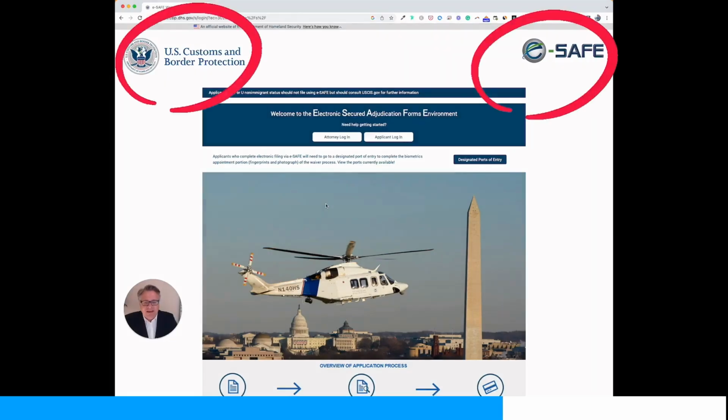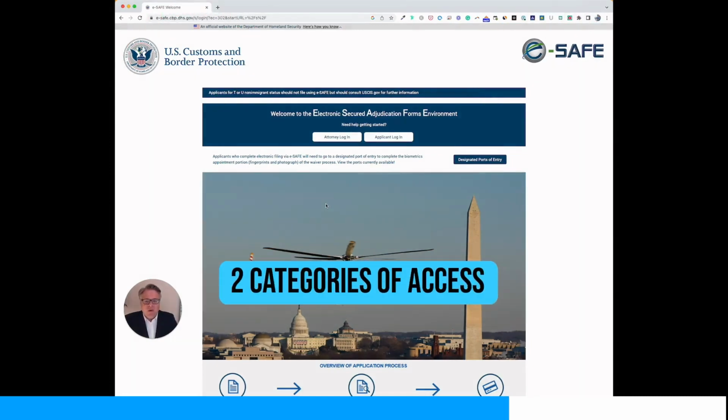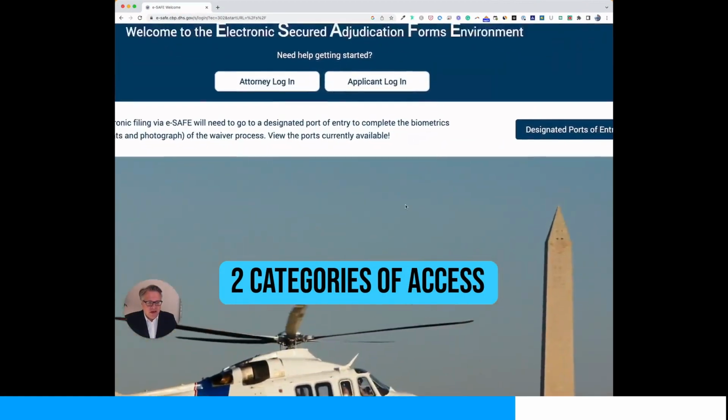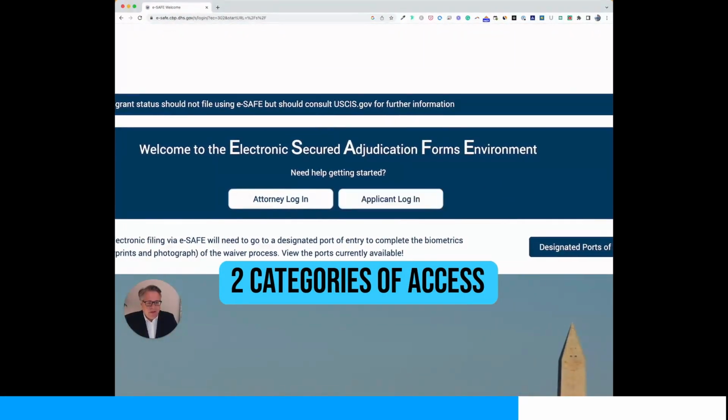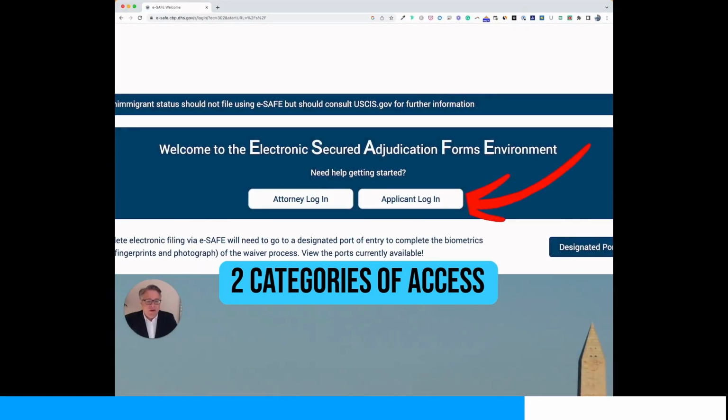Let's look at the eSAFE website. Here, you'll see there are only 2 categories of access to the benefits of eSAFE. I'll just enlarge the site. The first category is the applicant. They prepare their own application and apply directly to the CBP. And the second category is licensed attorneys.